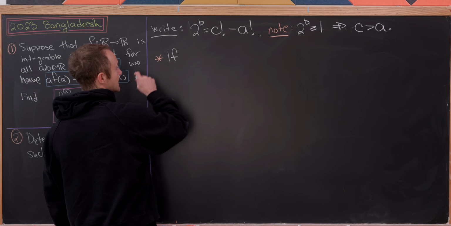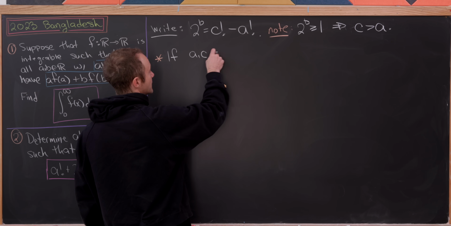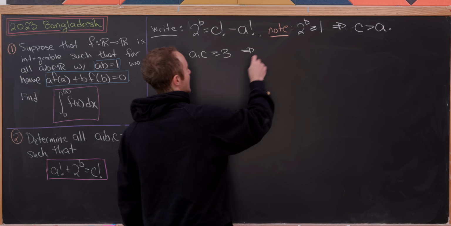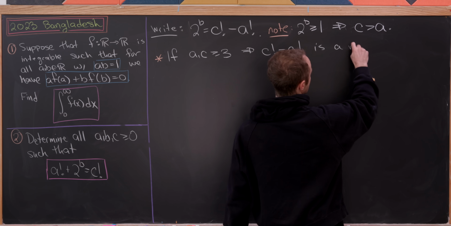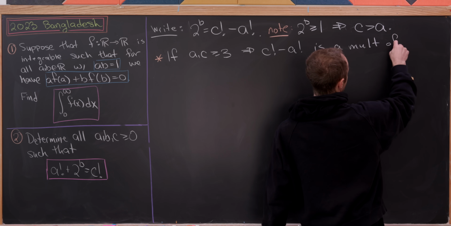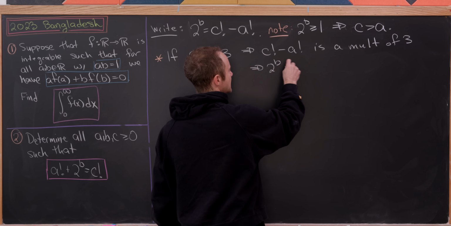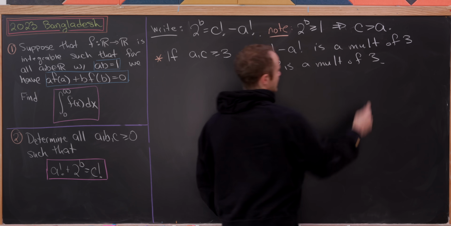Okay, nice. And now let's move on to maybe our second observation. And that is if a and c are both bigger than or equal to 3, then that means that c factorial minus a factorial is a multiple of 3. Oh, but that means that 2 to the b is a multiple of 3.